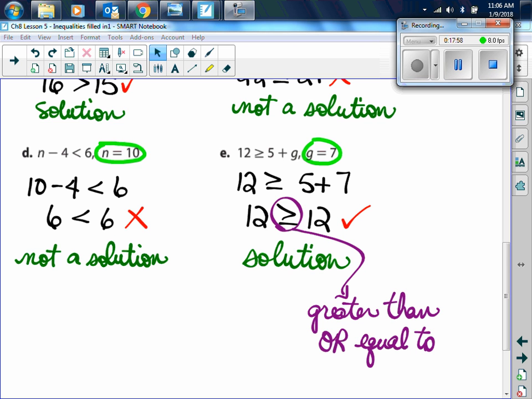So 5 plus 7 is equal to 12. So 12 is greater than or equal to 12 is a true statement. So 7 is a solution to the inequality. Is everybody clear? Keeping in mind that that symbol is greater than or equal to. Got it? All right, last one.